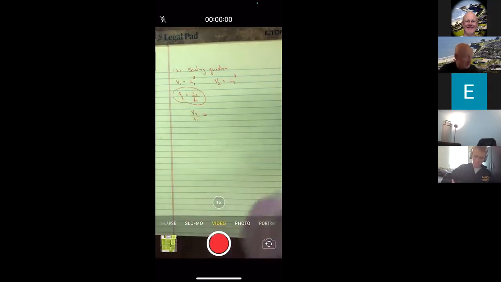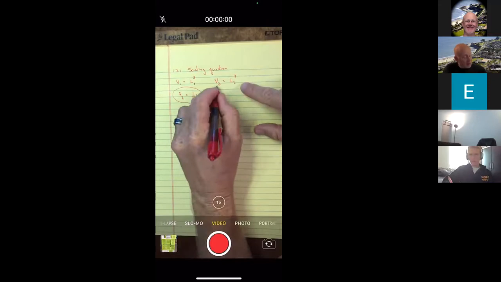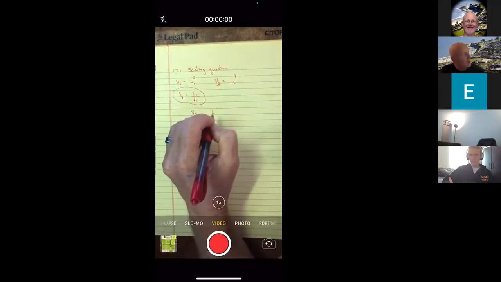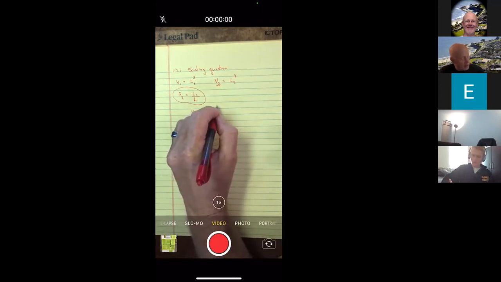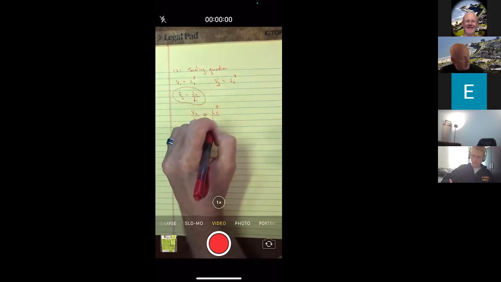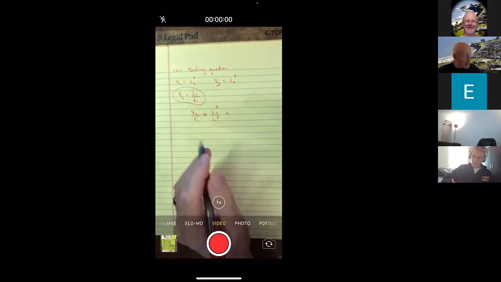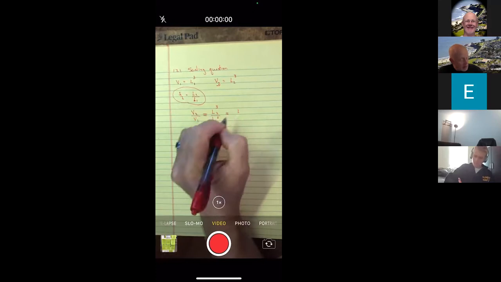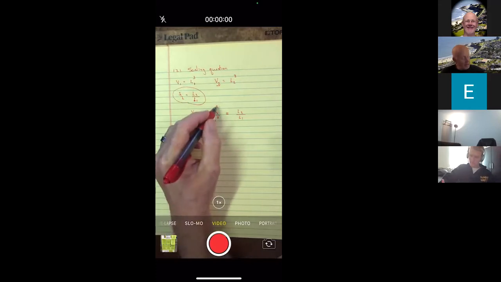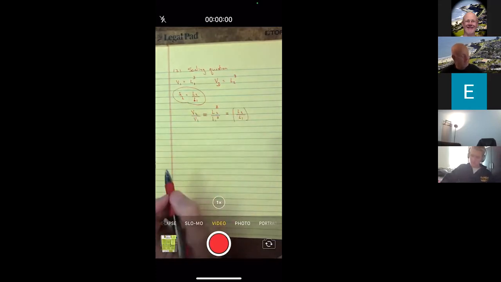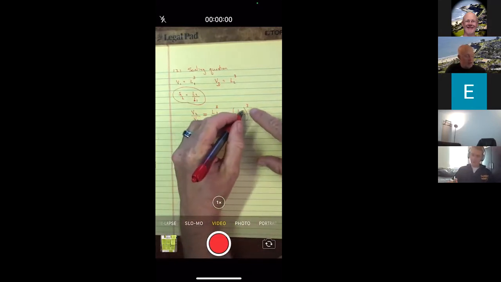I'm going to use this information from up here. In place of volume 2, I'm going to put L2 cubed, and over here, L1 cubed. Now I'm going to go back to my Algebra 2 class and realize that when I have a cube of the top and the bottom, that's the same as the ratio and the whole thing cubed.